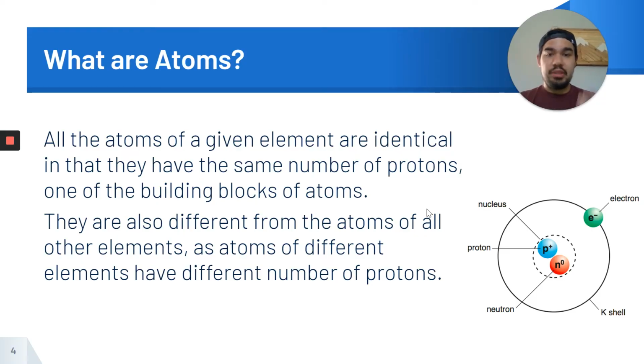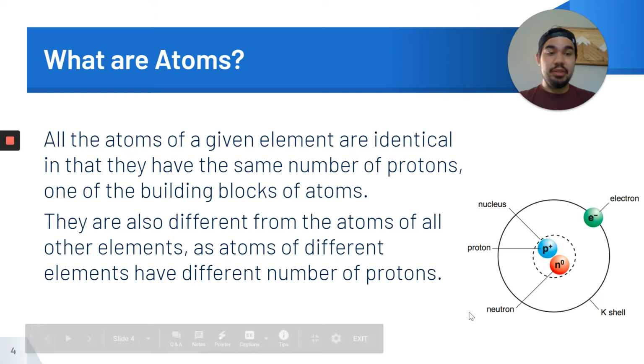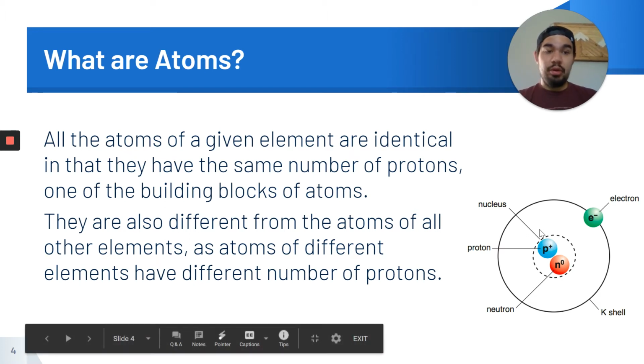Right. So we're talking about a very specific atom. Atoms have multiple parts. So all atoms of a certain element, whether it's hydrogen, helium, carbon, etc., are going to be identical. So all hydrogen atoms are going to be identical in that they all have the same number of protons. Right. So protons are one part of an atom.